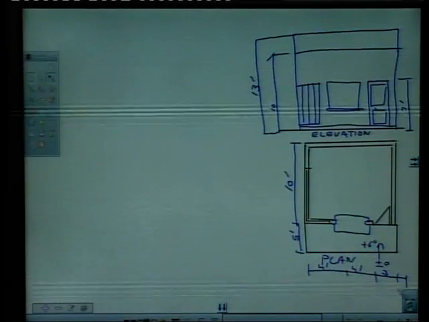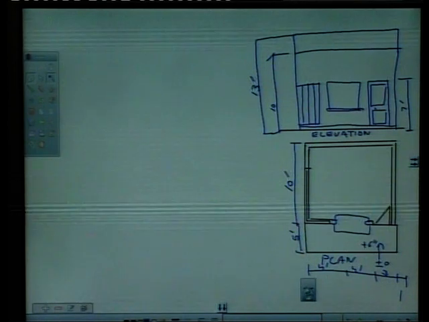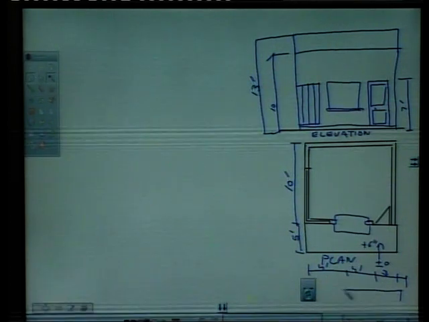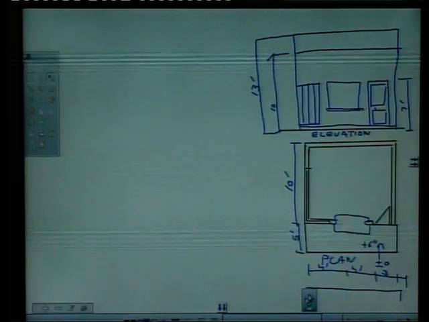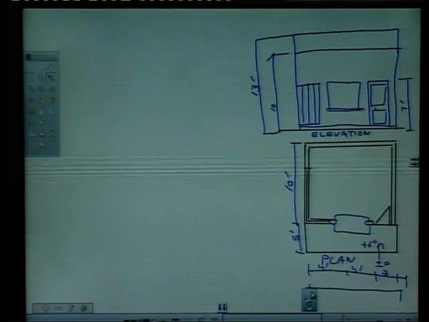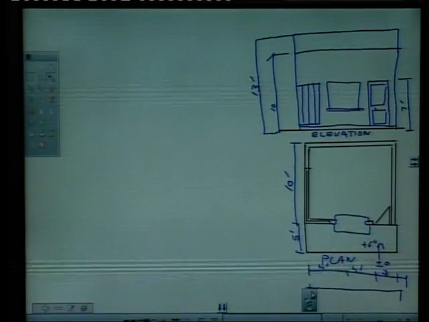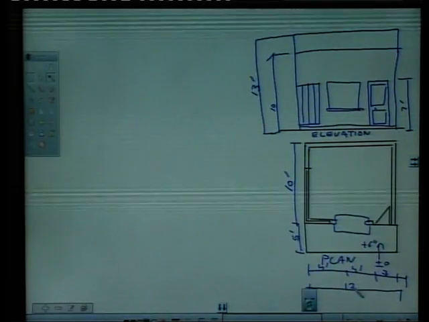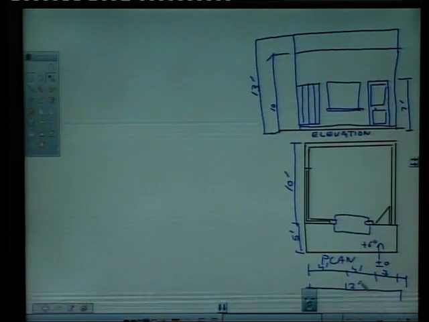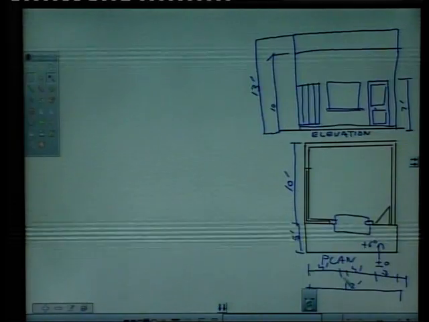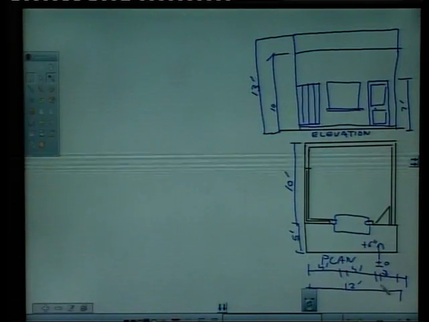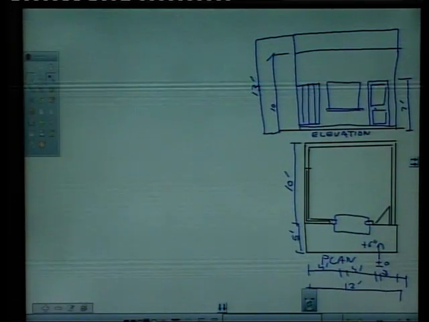Say total dimension is say 12 feet. There will be some walls here, here and last.